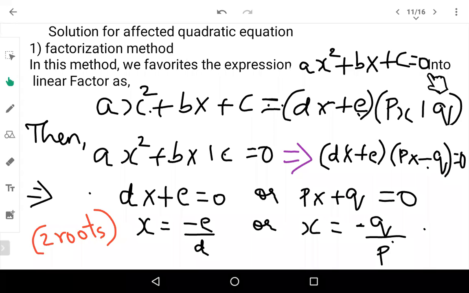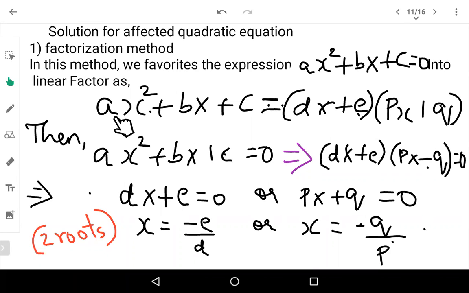Now, in this form, we will be using a few methods to solve them. The first method is called the factorization method. In this factorization method, let us understand how we solve it.